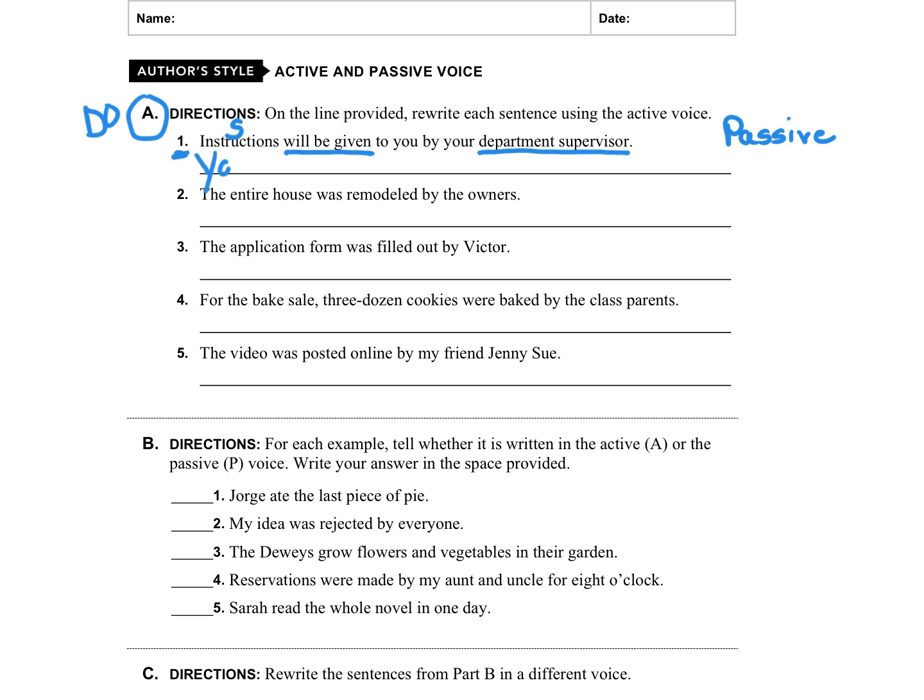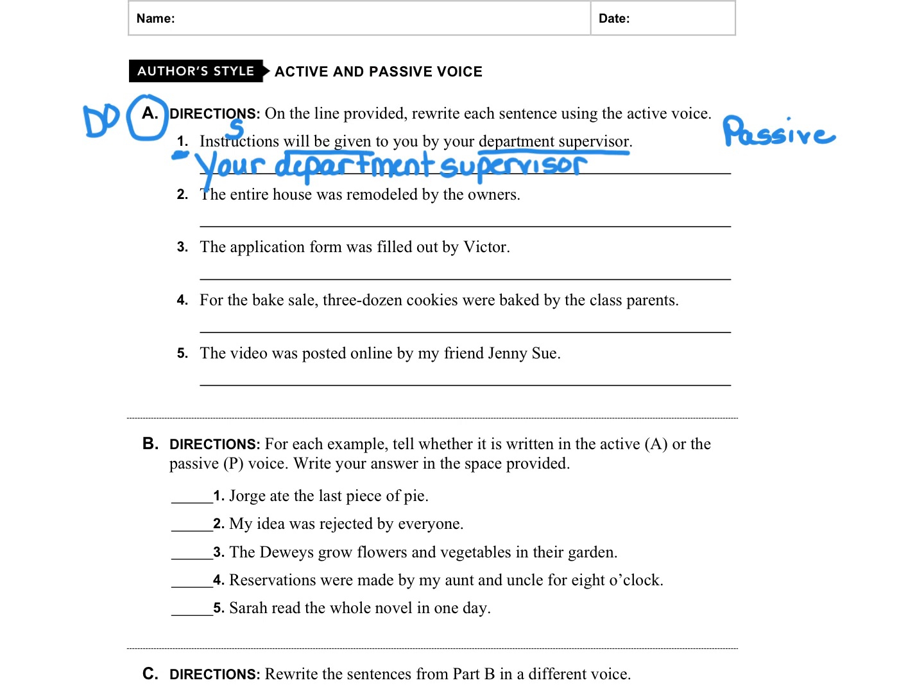Your department supervisor. You can't change the tense. So you still want future tense, like it's going to happen later. These will be given to you in the future. You don't want to change that.